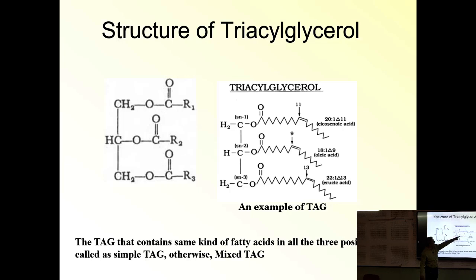Here you will find icosenoic acid 20:1. Delta means double bond system at 1. See, this is MUFA, monounsaturated fatty acid. Similarly, oleic acid is also a MUFA 18:1, 1 double bond at delta 9 position.